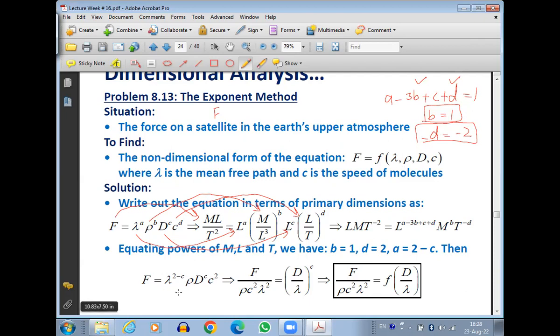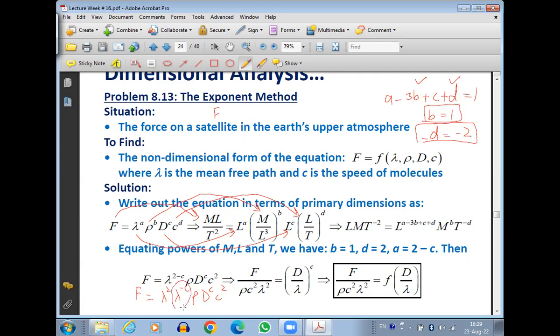So now we get the variables as F over rho C squared over lambda squared. Wherever the negatives were, we kept them separated, so the power C we kept on one side of the equation. So F is equal to lambda squared into lambda to the power minus C, rho, D to the power C, C squared.